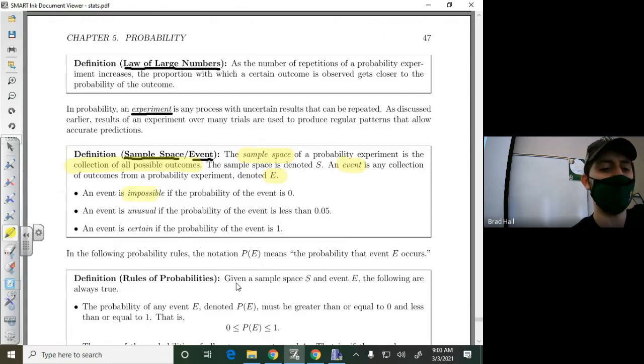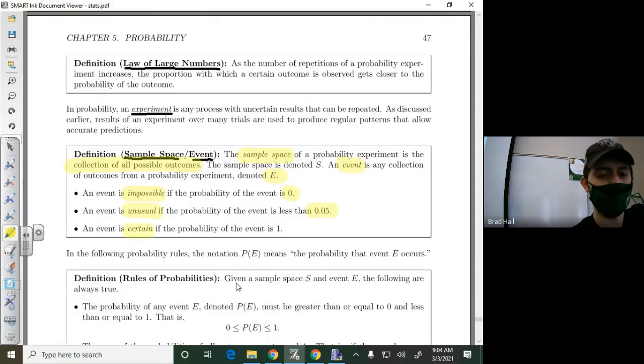An event is considered impossible if the probability is 0. Makes sense. If the probability is 0, then that means there's a 0% chance of it happening, in theory. An event is unusual if the proportion or the probability is less than 0.05, which translated means if there's less than a 5% chance of the event occurring, it's considered unusual for it to occur.